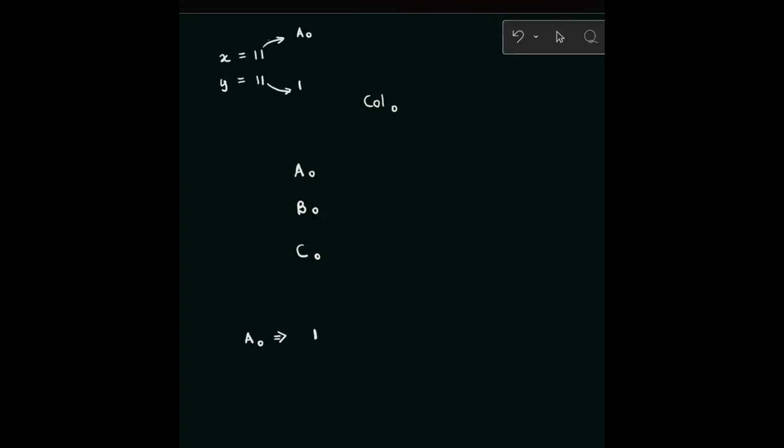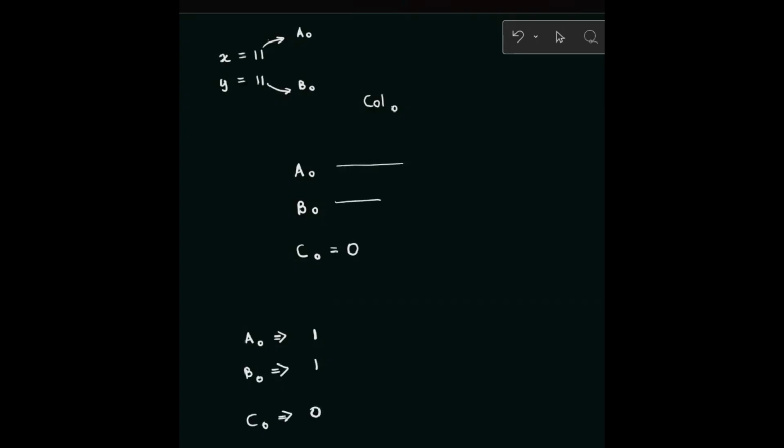And B0 is the bit that is in the 2 to the power 0 space, or column 0. And C0 is the C in for column 0, which is equal to, you guessed it right, 0. So B0 is equal to 1 and C0 is equal to 0.